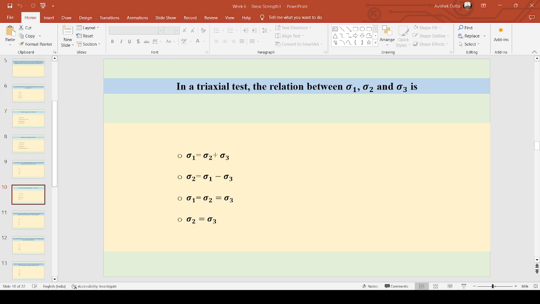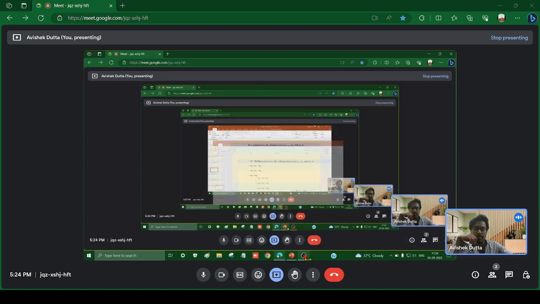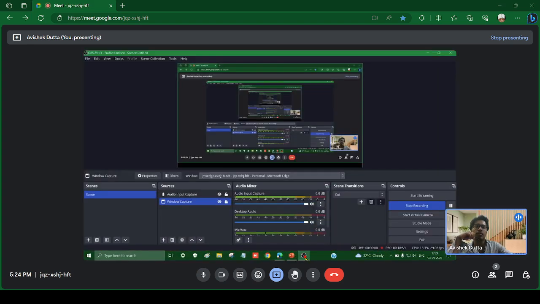Sigma 1 is the major principal stress acting axially on top of the specimen, and that includes the confining stress also. Sigma 2 is the intermediate stress and sigma 3 is the minor principal stress.